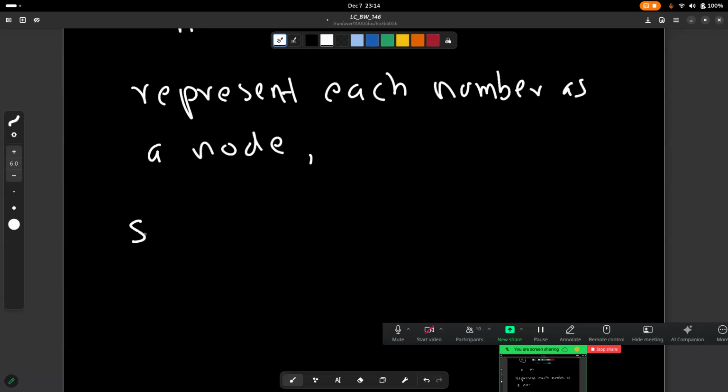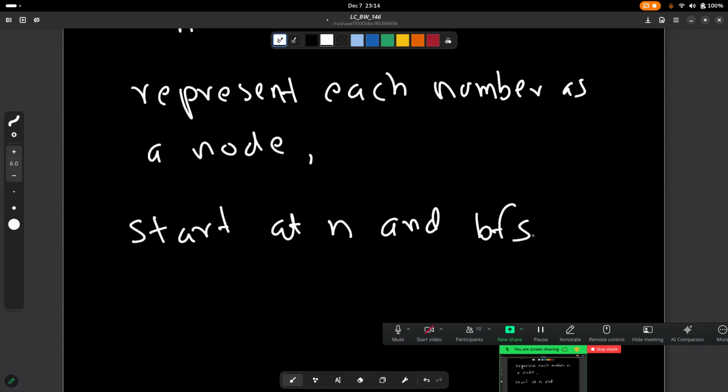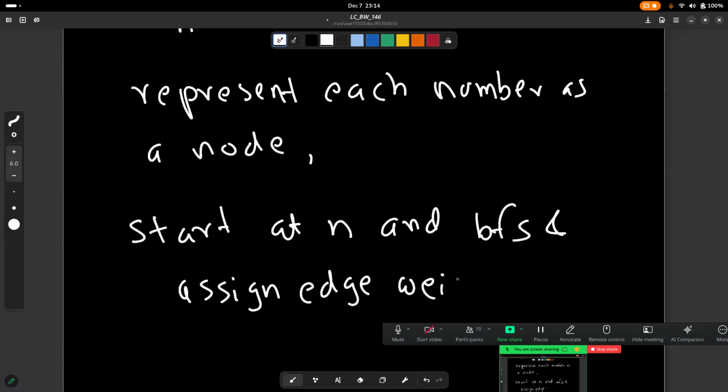Then we start at n and basically do a breadth first search, in a sense, and go on assigning values to edges, like edge weights.